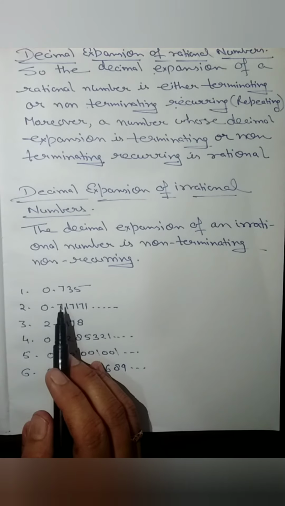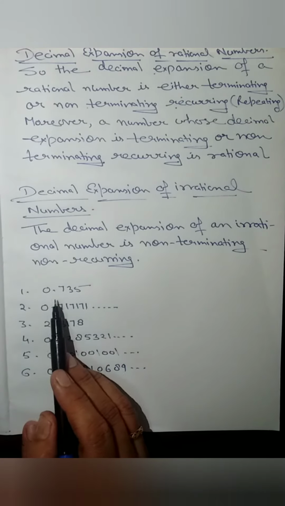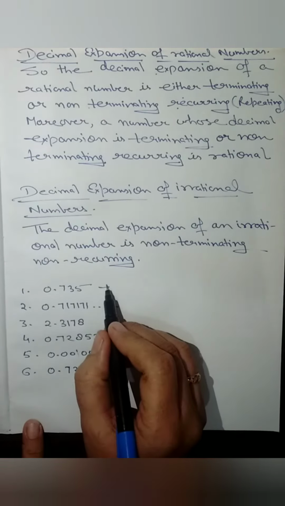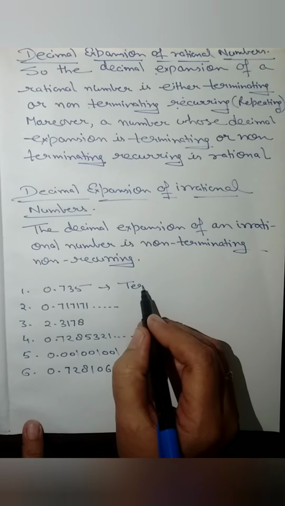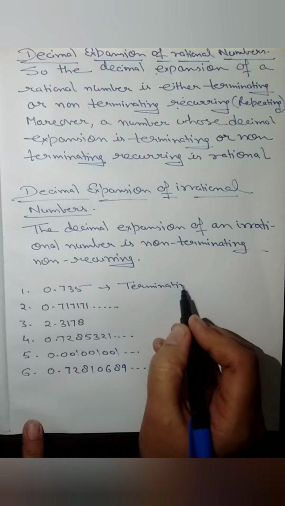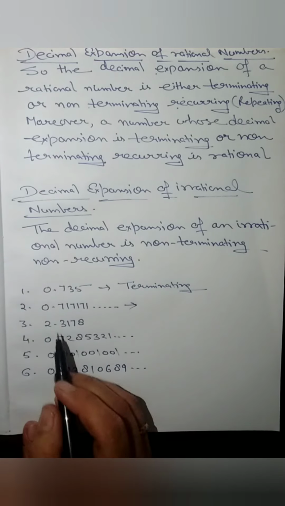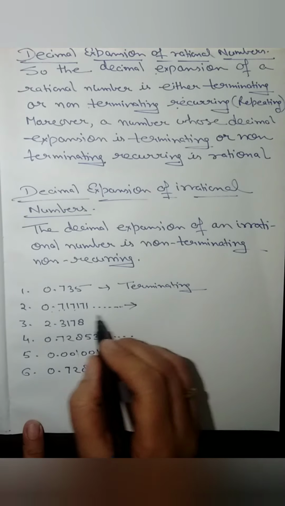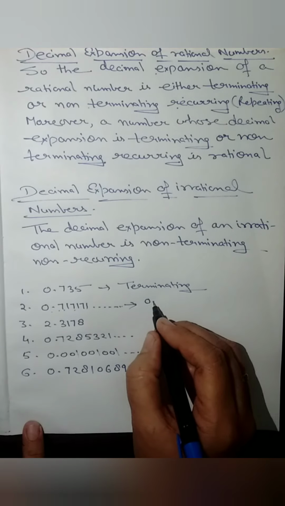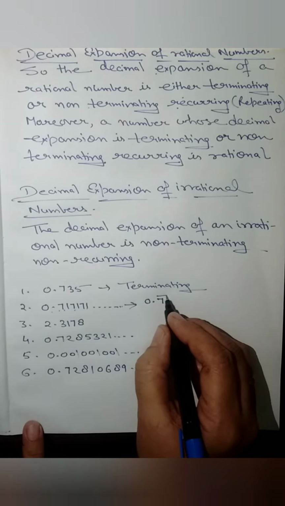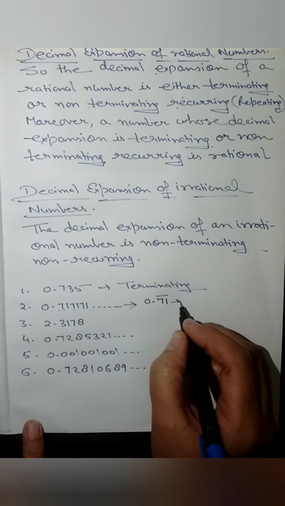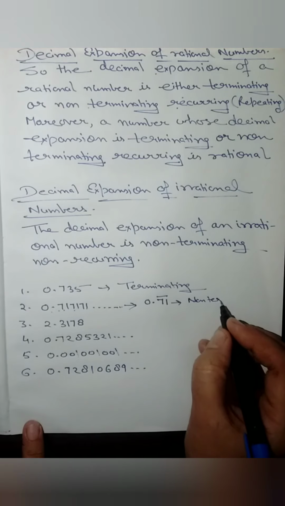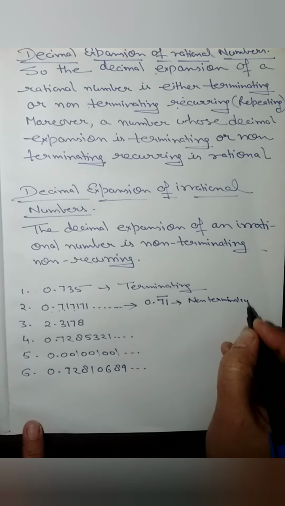Now see, first one, 0.735. As we have discussed, after the decimal we are having a finite number of digits. It means its decimal expansion is terminating. Now come to another example, 0.717171, and repetition of digits is going on, so we can write it as 0.71 bar, and this decimal expansion is non-terminating repeating.